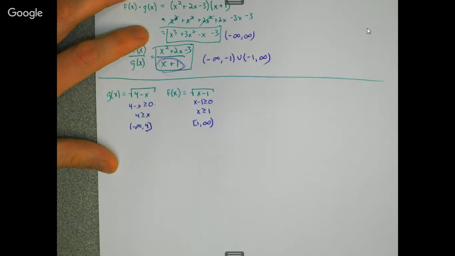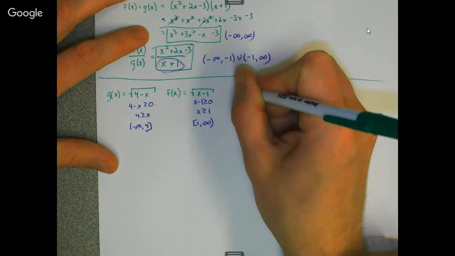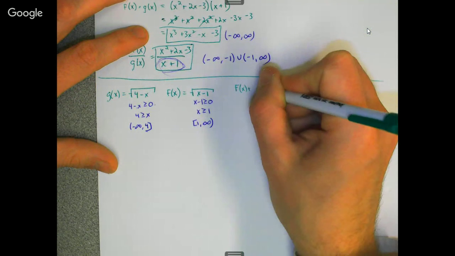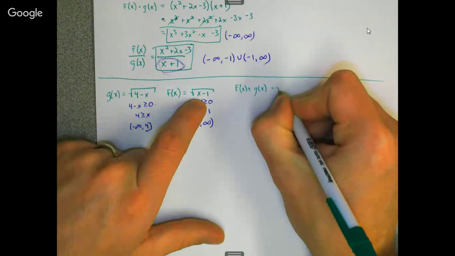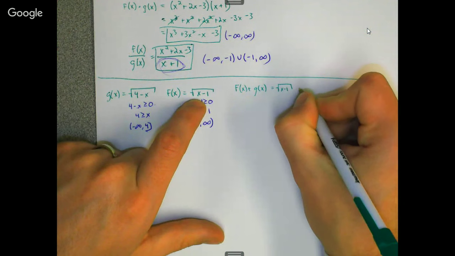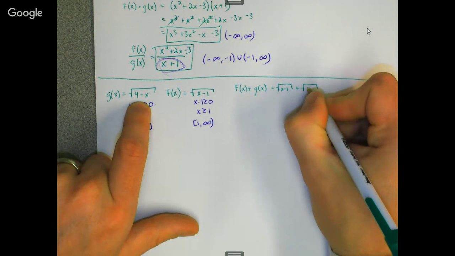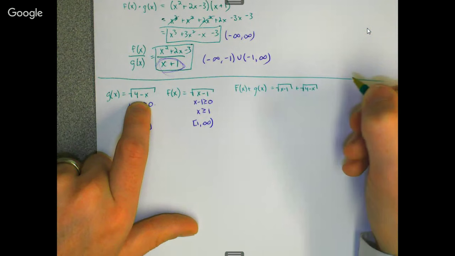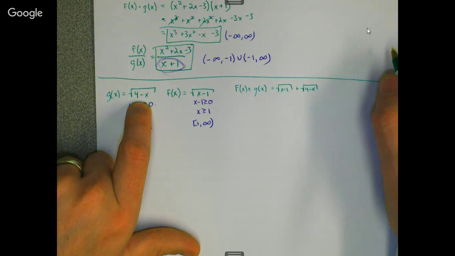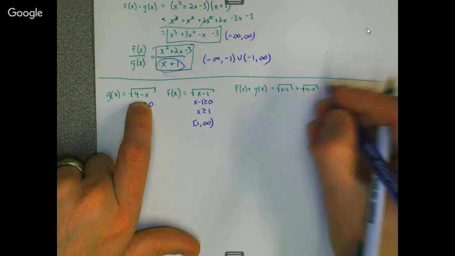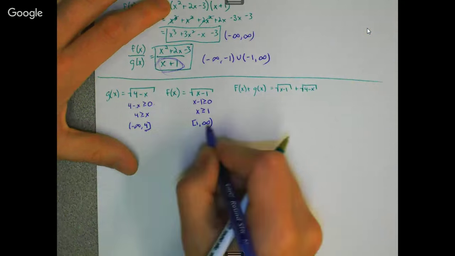So let's look at where f of x plus g of x. Okay, so that's radical x minus 1 plus radical 4 minus x. Now I can't combine those at all, so we'll leave it like that. But we need the domain. Now the domain is the intersection of these two.